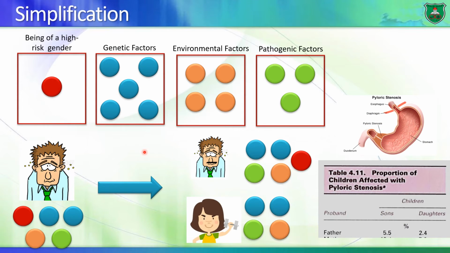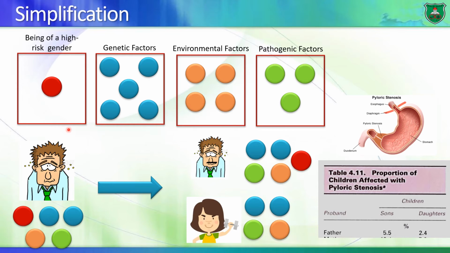So there is another point that we have to consider, in addition to genetic factors, environmental factors, and pathogenic factors, and that is gender. Because sometimes some disorders are associated with a certain gender. So being of a high risk gender, whether male or female, would increase the chance of inheriting this multifactorial disorder.